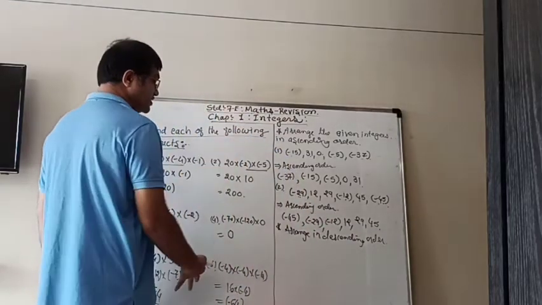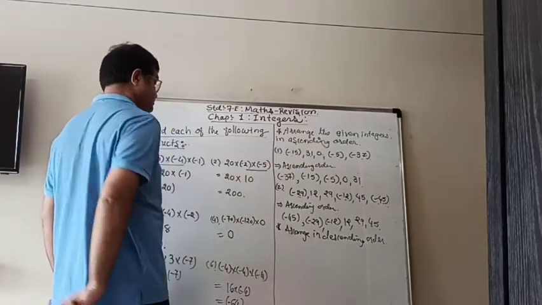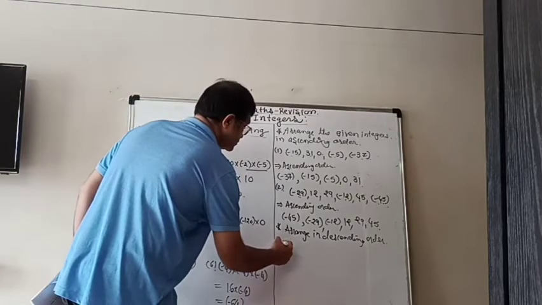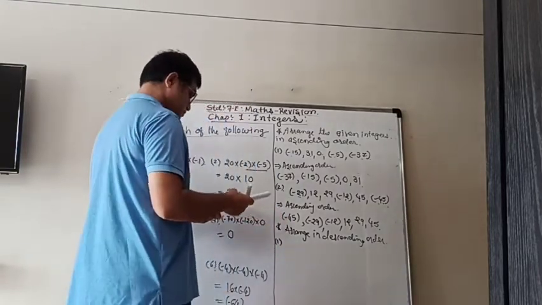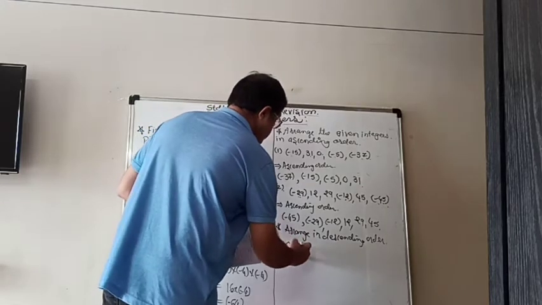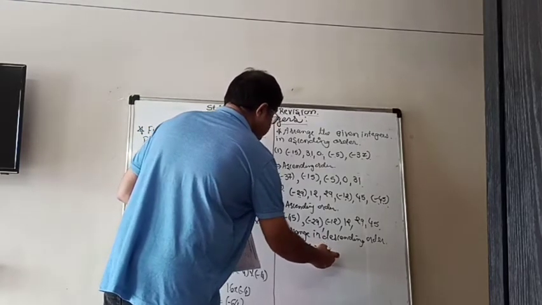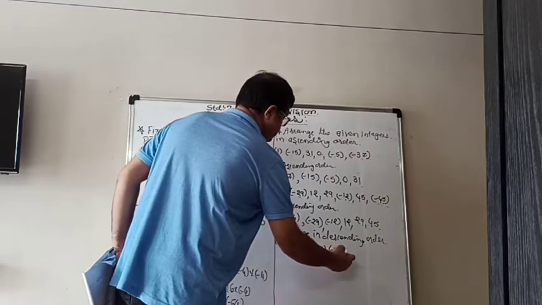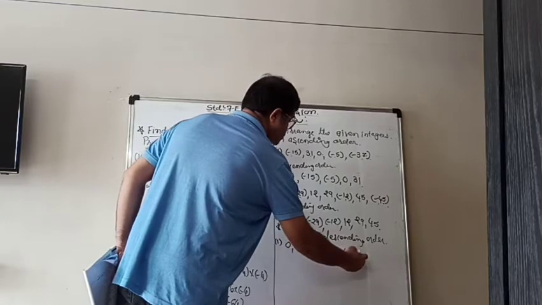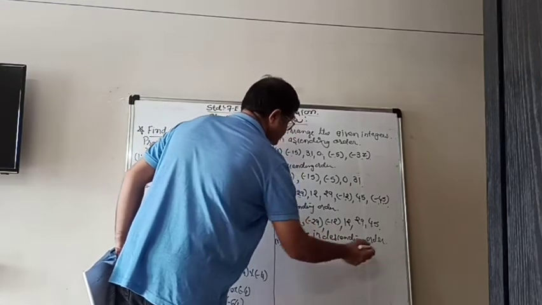Means largest first and then go for smaller and smaller. First one is 0, 19, -37, 48, -12, 89.